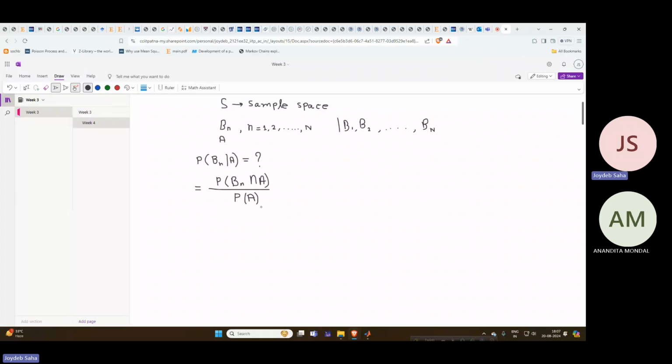Now we need two expressions. What is the expression of probability of A and probability of Bn intersection A?